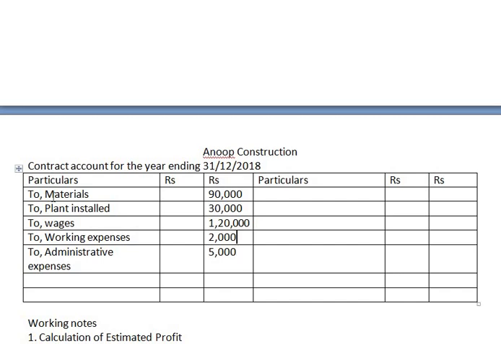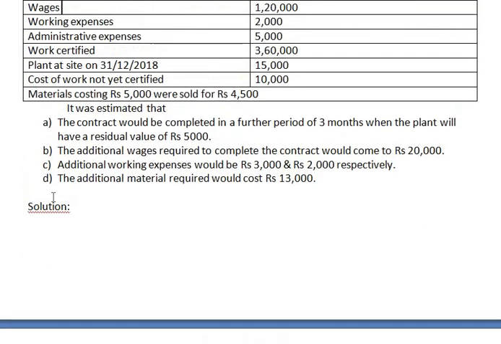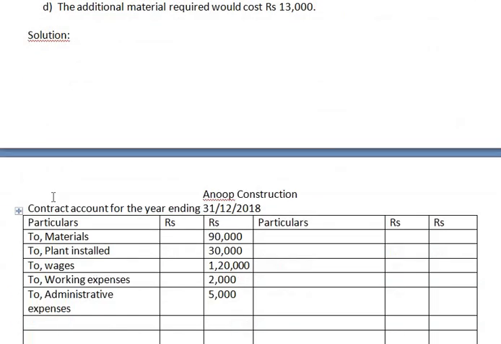Then again check if any information is given. Next they have given work certified. Work certified should be taken on the credit side: by work in progress, work certified, and work uncertified.